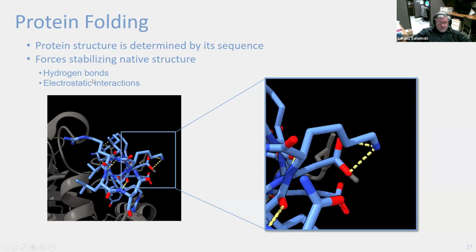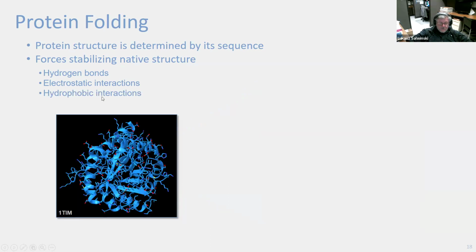Apart from those two types of bonds that are electrostatic in nature, we do have another significant contribution from hydrophobic interactions or the hydrophobic effect. They are most easily noticeable somewhere in the center of the molecule.